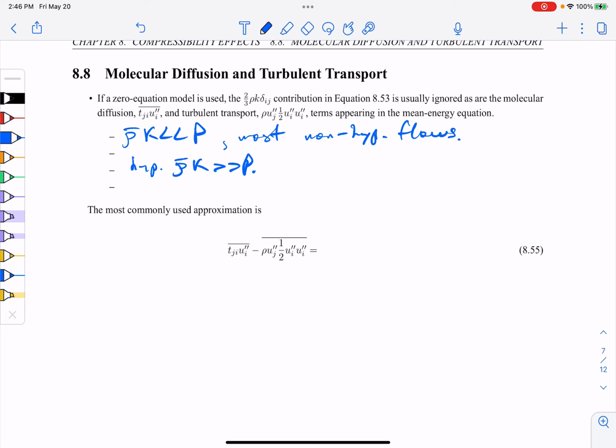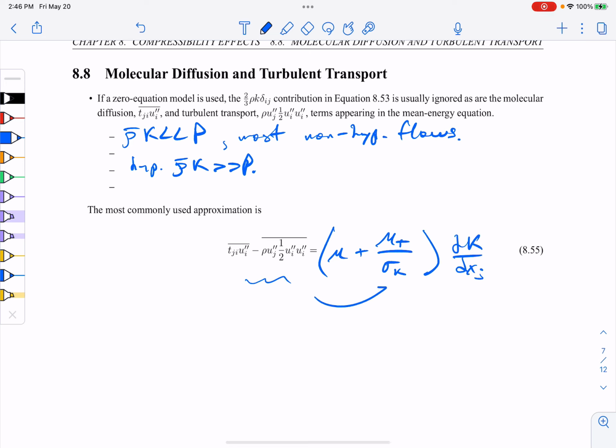The most common closure you'll see is viscosity plus mu t over some sigma k times partial k partial xj. So we've taken our unknowns and written them in terms of known quantities: viscosity plus an eddy viscosity times the spatial derivative of turbulent kinetic energy.